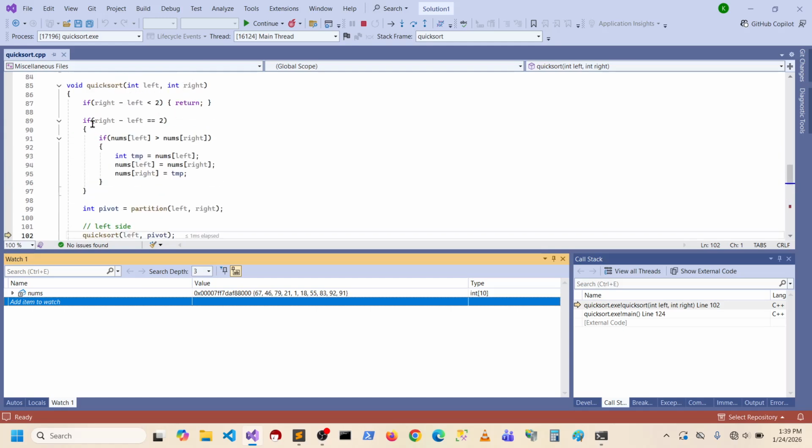Right here. If right minus left, oh no, it gets right here. This is why it doesn't do it. Because if this is the partition, when we come back and do the right side, 92, 91, if that's the case, I don't know.